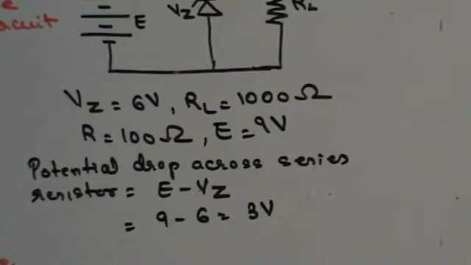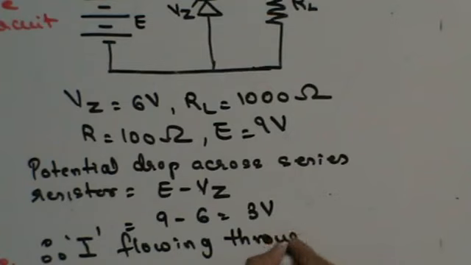If I know the potential drop across the external resistance, I can find out the current flowing through the external resistance. Therefore, I can say current flowing through external resistance I will be nothing but V upon R. Potential drop is 3 volts.